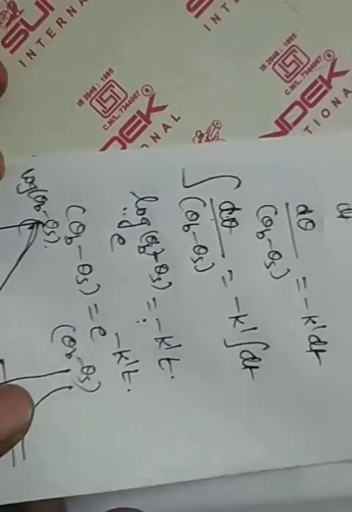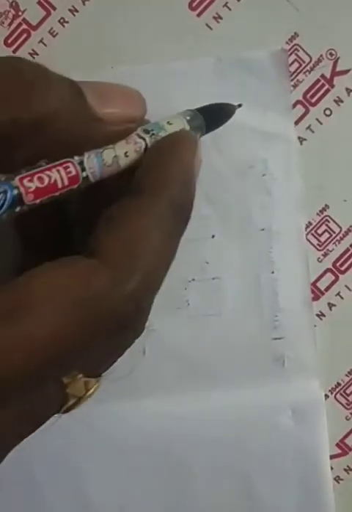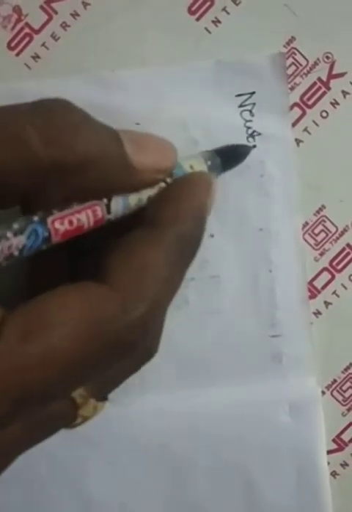Here, in this temperature difference, these problems are very important for this Newton's law of cooling. These problems are very important for skill. So you can write it like this: the temperature difference with respect to time is proportional to theta B, nothing but theta average, minus surroundings.